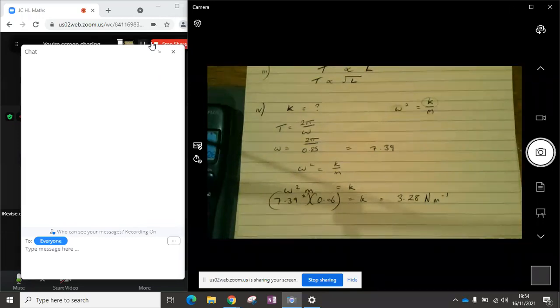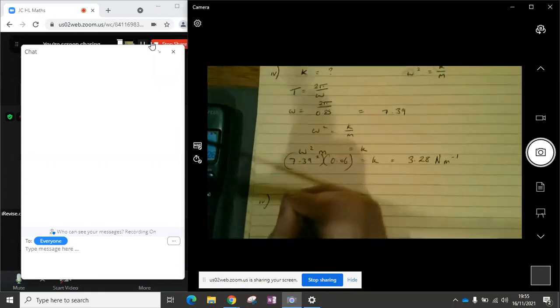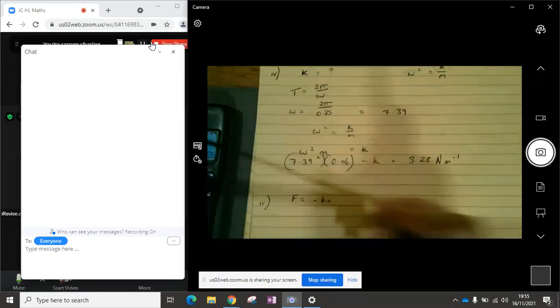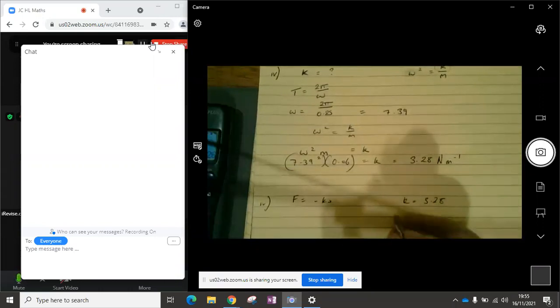Okay, so that is the second last part of the question. The last part of the question simply says, find the length of the spring when the mass is at rest. So what are we going to use for this? We know F is equal to minus Ks. We know K is equal to 3.28.